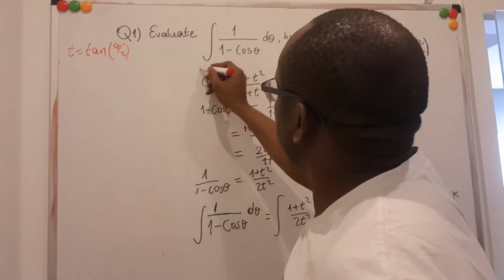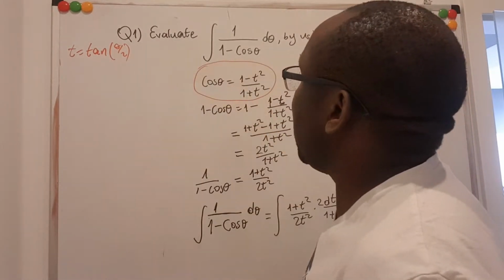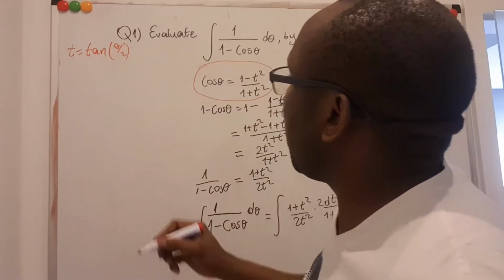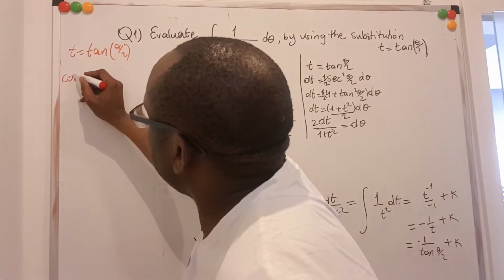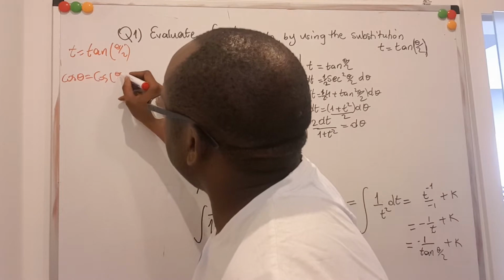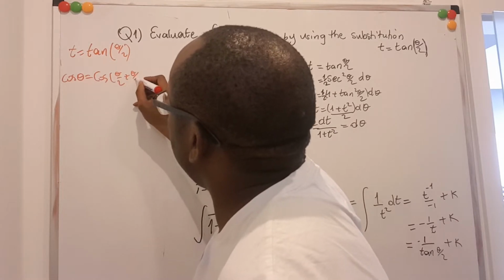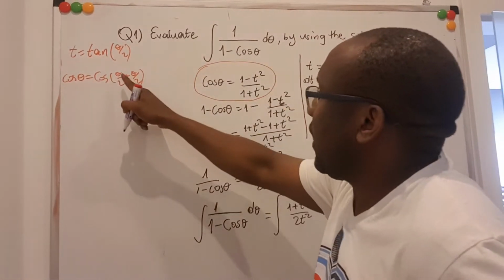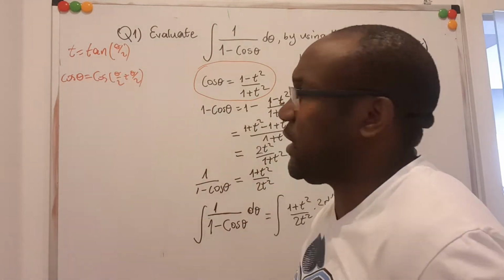In order to replace cos theta, we have a relationship that exists, but it's better we show how it comes about. So cos theta can be written as cos of (theta/2 plus theta/2). That is correct: half theta plus half theta is 1 whole theta.